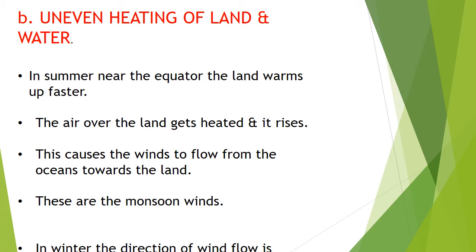So the main reason for the formation of monsoon winds is the uneven heating of land and water. The word monsoon is derived from the Arabic word mausam, which means season, right?